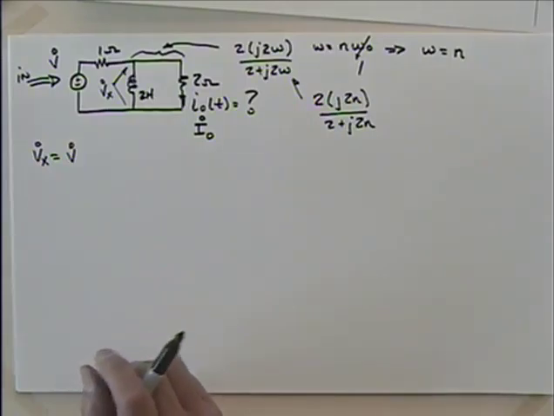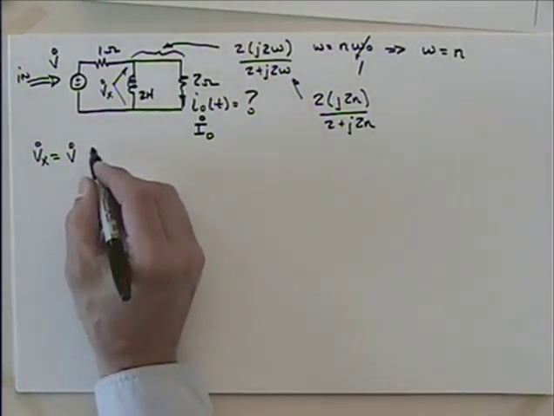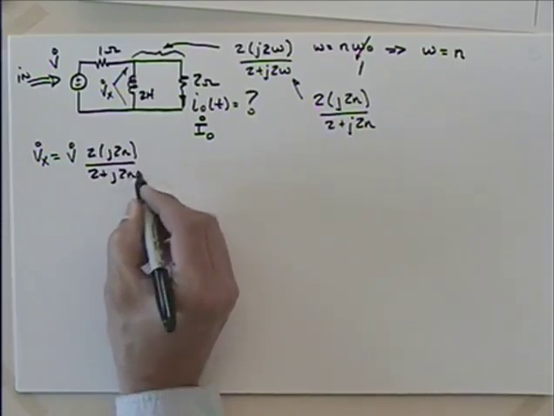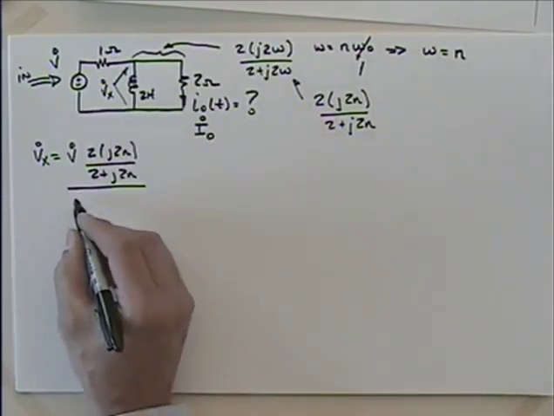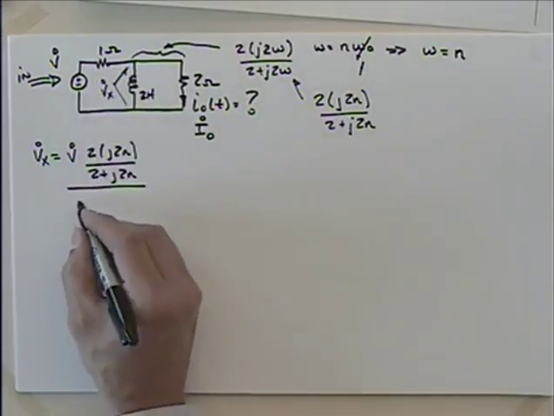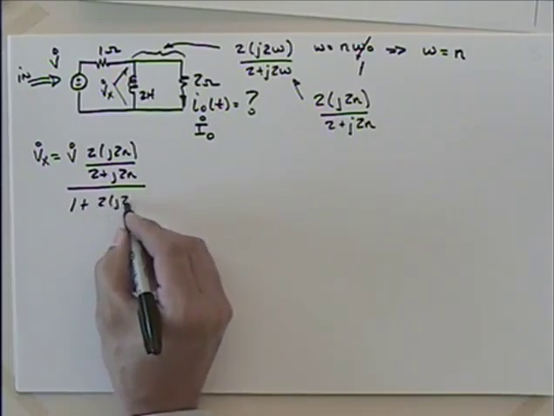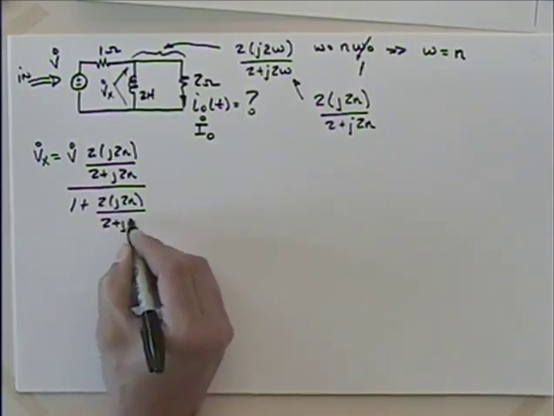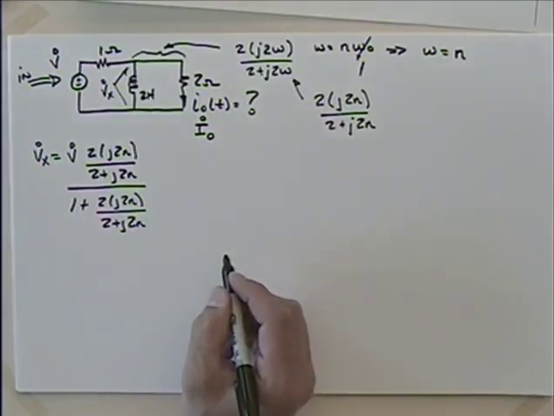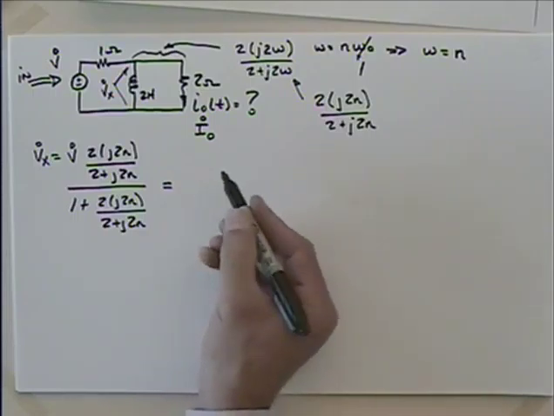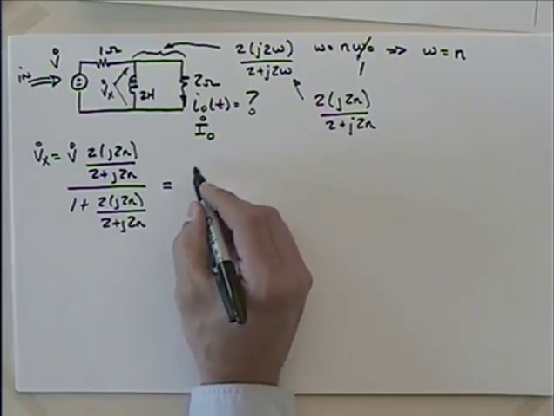So that's that. I can put that in there: 2 times j2n divided by 2 plus j2n. And then I have to divide by the sum of the whole thing, which would be this 1 ohm plus what we have in the numerator. Something like that. Yeah, this could be work, couldn't it? What do we have to do? Common denominator?